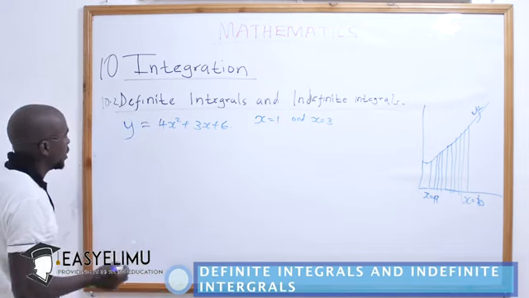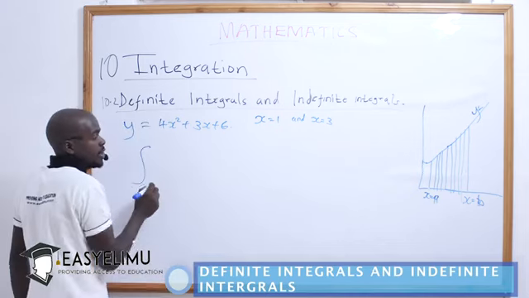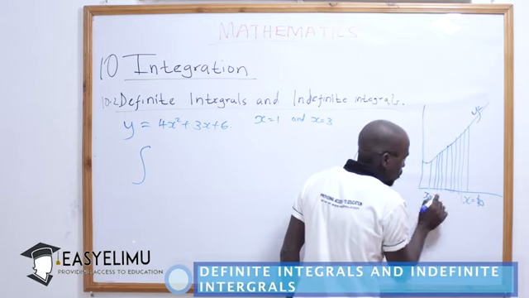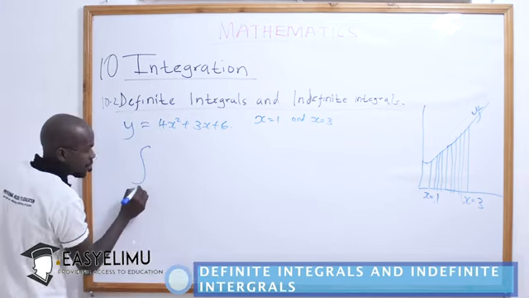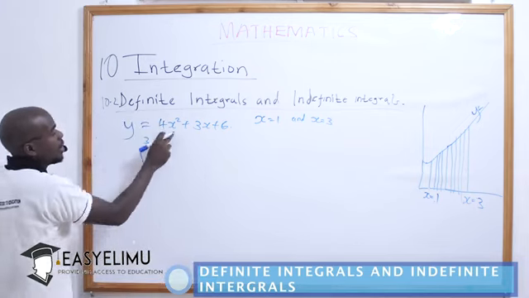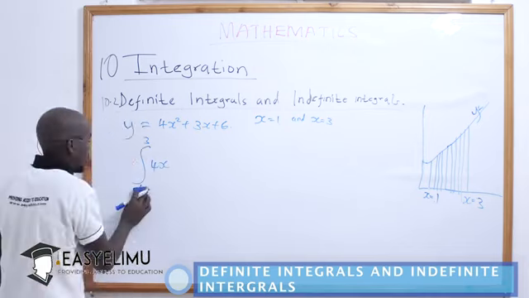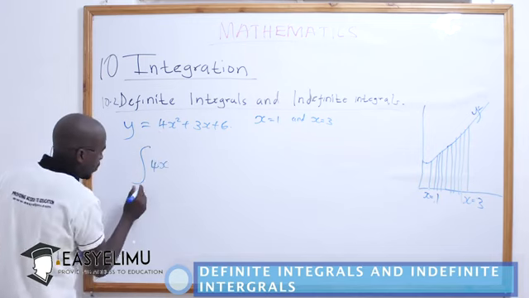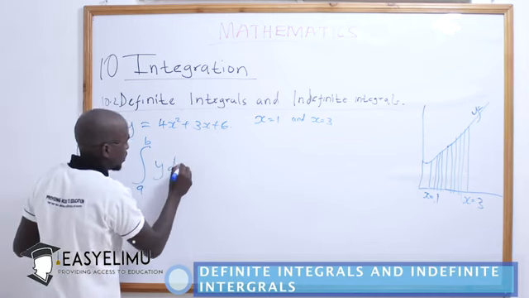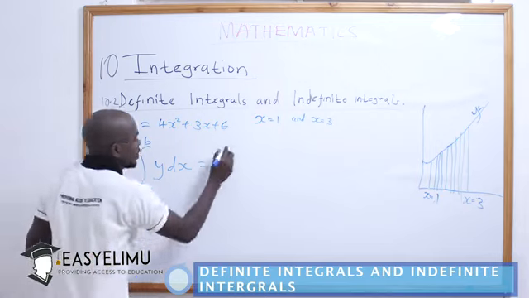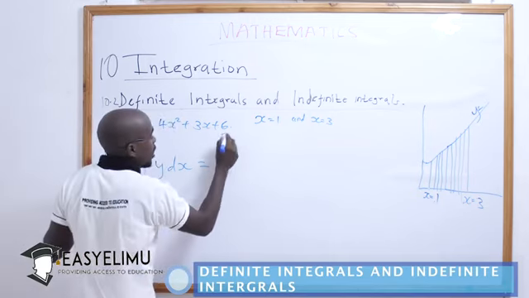We shall find the integration of y with respect to x, from a to b of y dx, where our a is 1 and our b is the maximum one, which is 3.